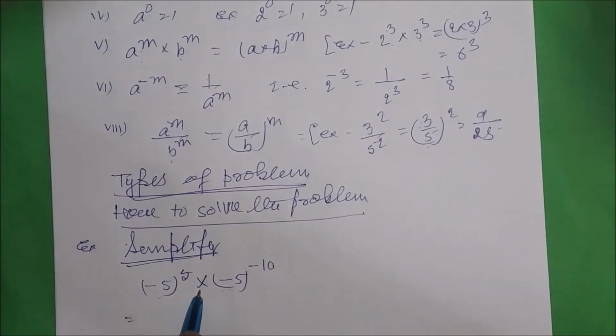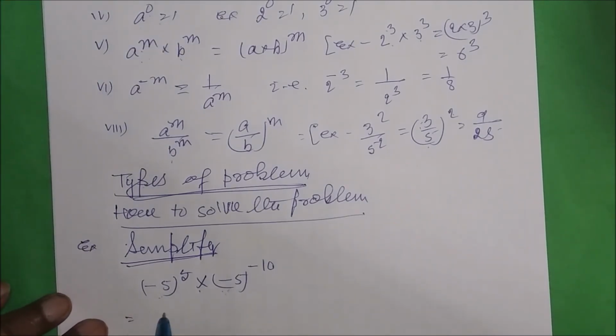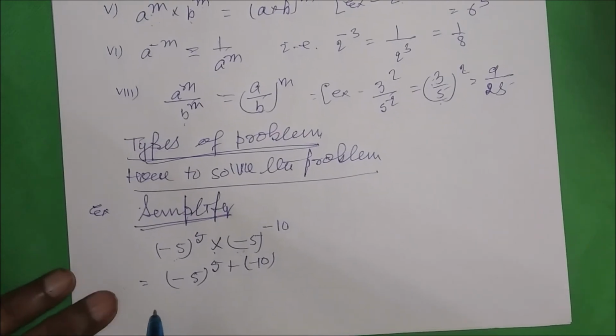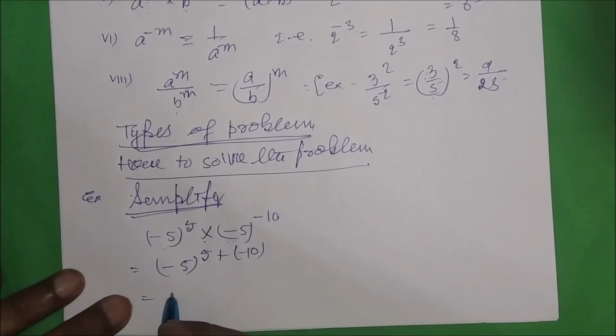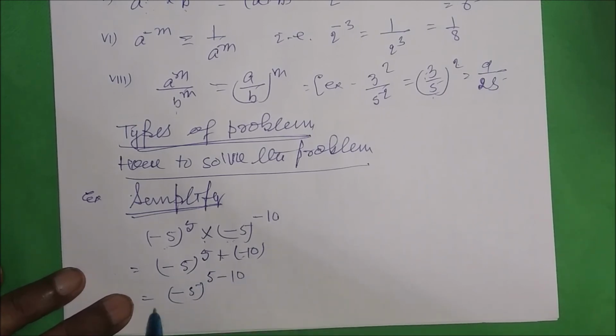In multiplication, as I gave you, add the powers. The base is minus 5 and the power is 5 plus minus 10, so it will be minus 5 to the power minus 5.